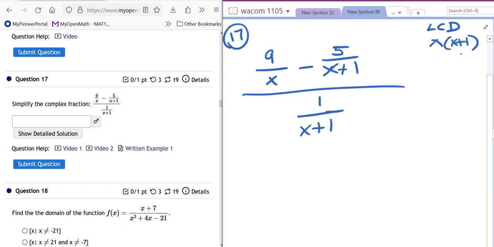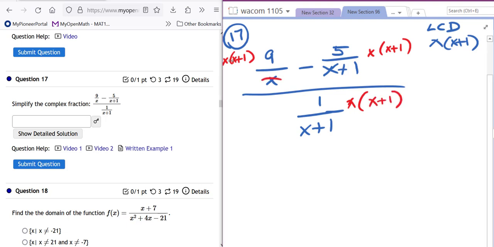Have to multiply by that whole thing. And I'm just going to do it in the problem here. All right, and then we'll clean up.